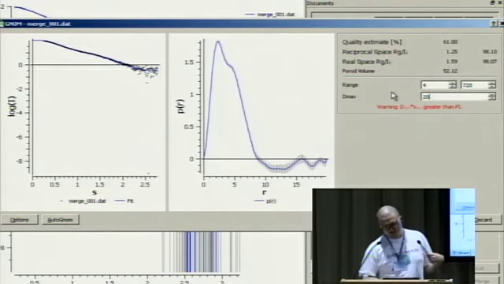Besides, here obviously we get a warning that the Dmax is too large for this angular range. Probably this is also taken into account. However, like with any other estimates, I would look at the overall data and see if the data makes sense.